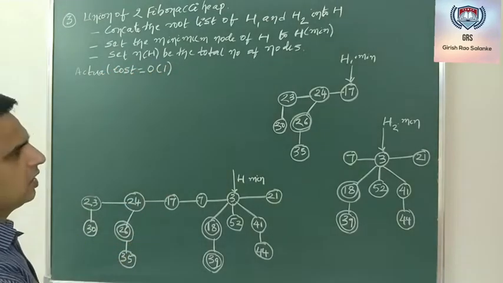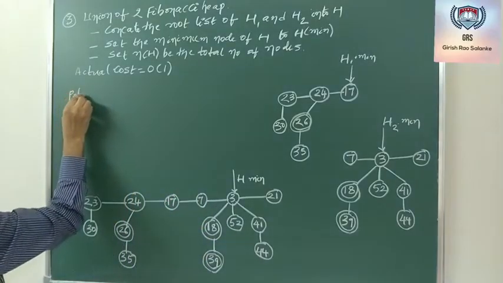Now coming to the amortized cost. What is my potential function?